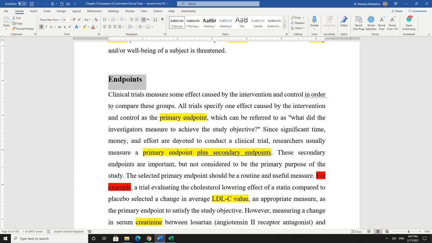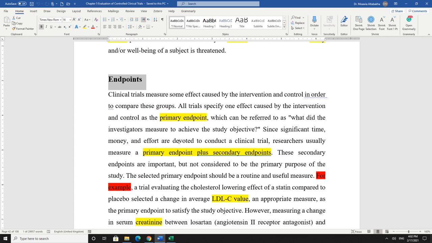For example, if my objective is to see whether my drug can reduce cholesterol level, then my primary outcome will be cholesterol level. This is called the primary outcome. This is the main thing. This will answer the question. And this is very important because the sample size is based on the primary endpoint.